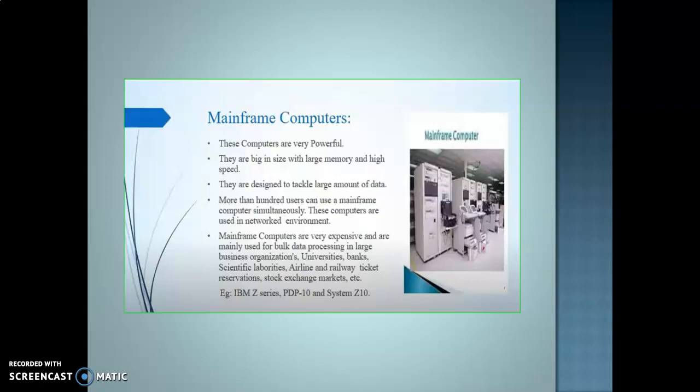Mainframe computers are very expensive and are mainly used for bulk data processing in large business organizations, universities, banks, scientific laboratories, airline and railway ticket reservation, and stock exchange markets. For example, IBM Z series, PDP-8, PDP-10 and System Z10.